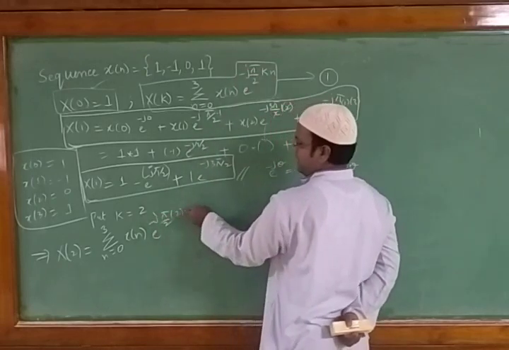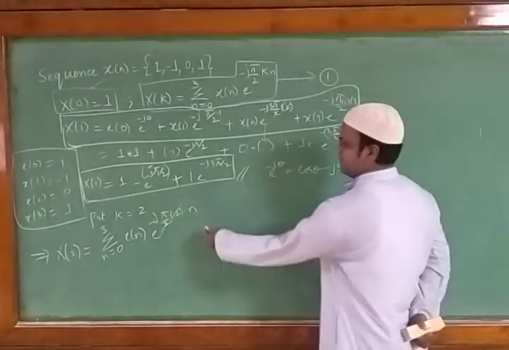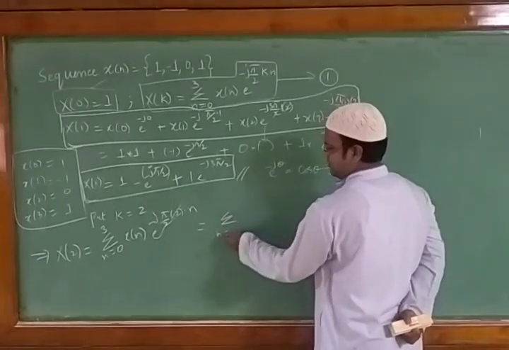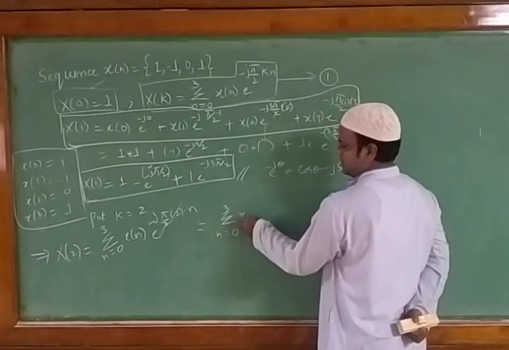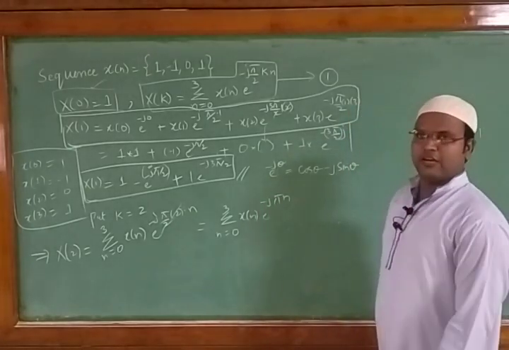K is 2, into n as it is. So we can cancel this 2 and this 2. So we got n equals 0 to 3, x of n e power minus j pi n. We got this value.